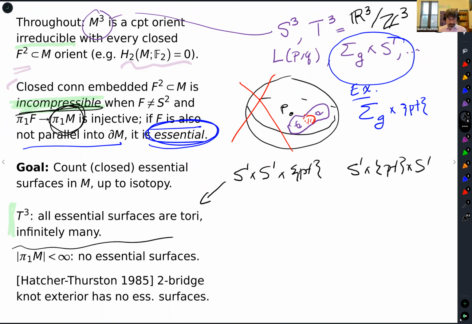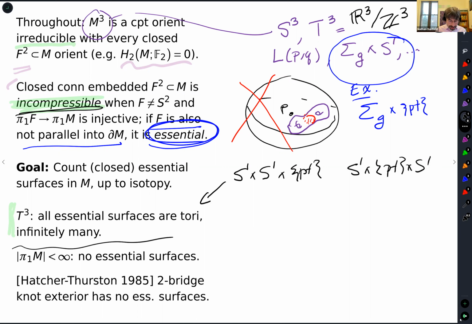Since in the case of the 3 torus the fundamental group is Z cubed, the only surface which can sit inside there is the 2 torus, because if you have genus 2 or something, the group becomes non-abelian. So that's an example where we have lots of things to count.